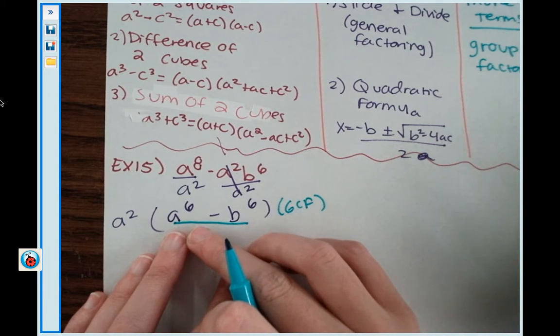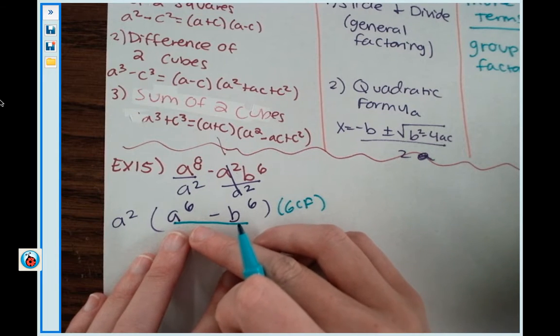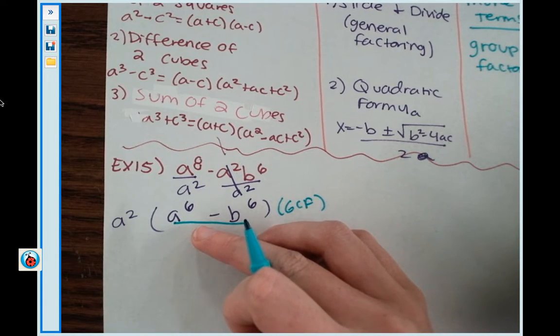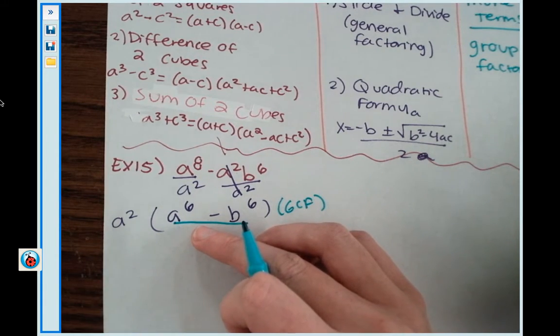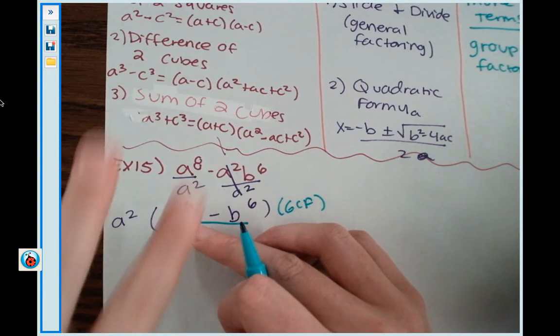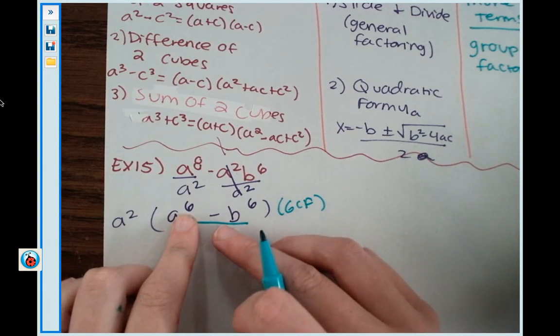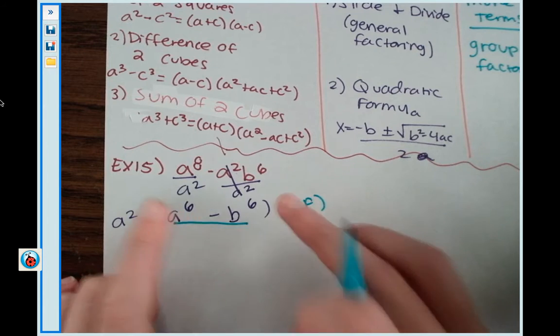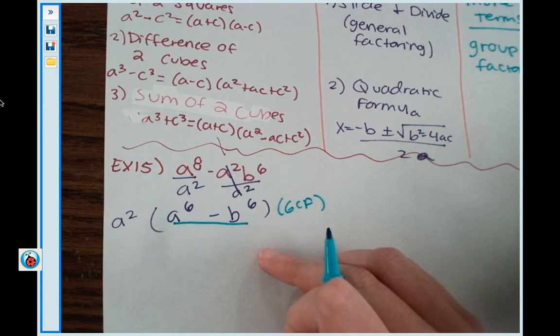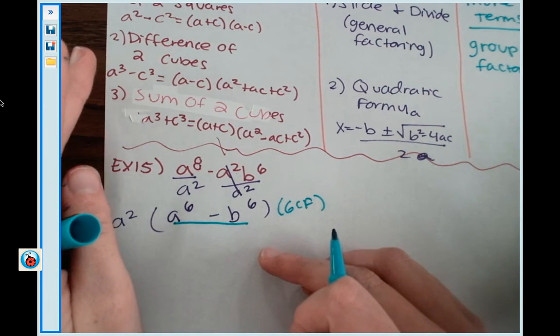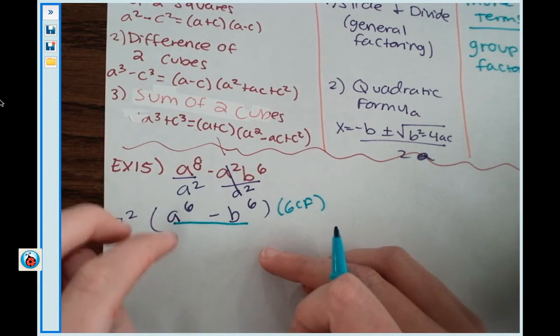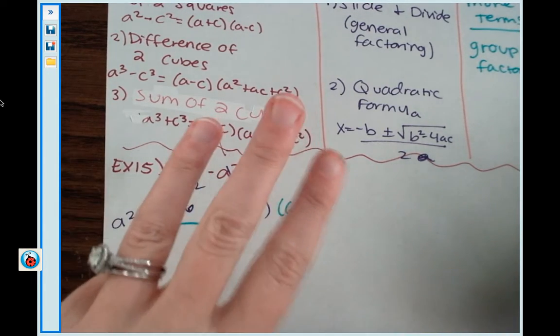Can I square root an a to the 6th? So remember, when you square root variables with exponents, you divide by the index, which the index of a square root is 2. I can divide both of these 6's by 2's. So this is a difference of squares, you guys. But now let's think about, is this a difference of cubes? A difference of cubes, the index is 3.